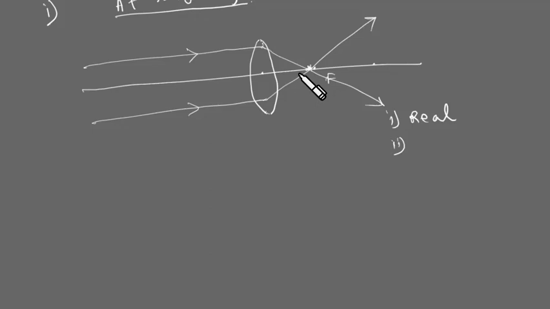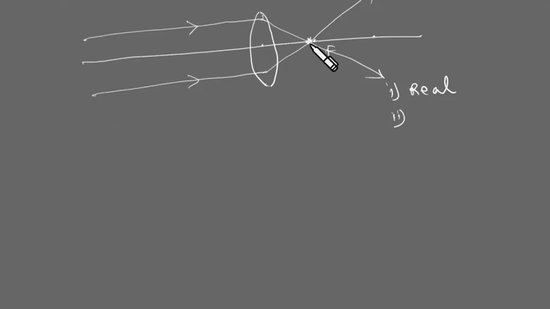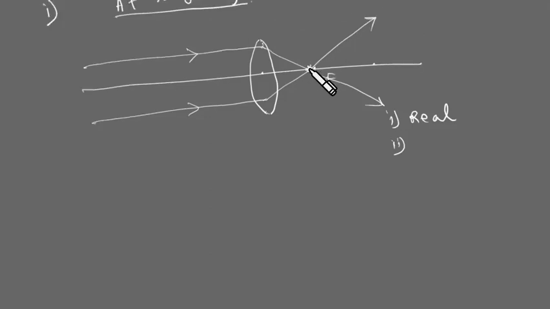Just like if we converge sunlight with a magnifying glass, it converges to a point, right? That means whatever the size of the sun, the image of the sun is just a point. That means the image in this case is very diminished, very, very small, or hugely diminished, you can say.